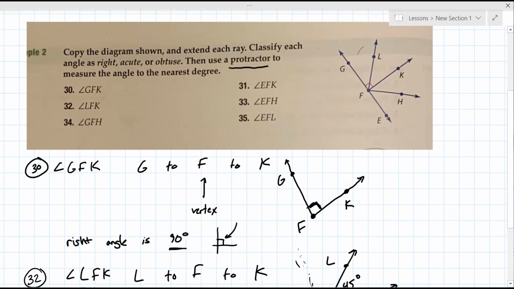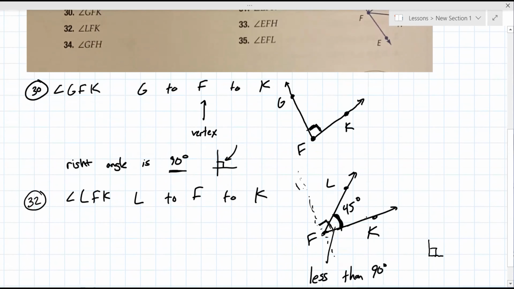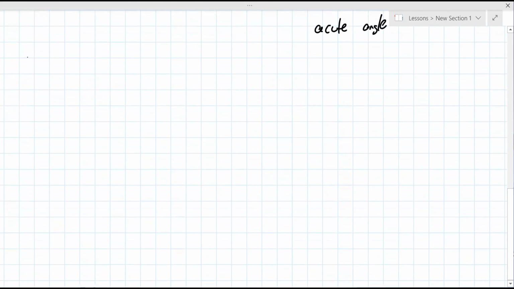Okay. So 34 is the GFH angle. I read that as G to F to H. And I am going to copy this one again because I sort of have it here.